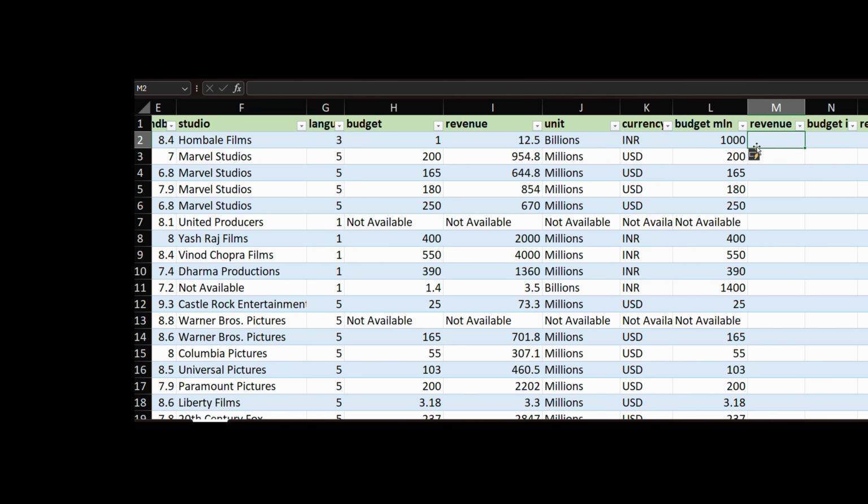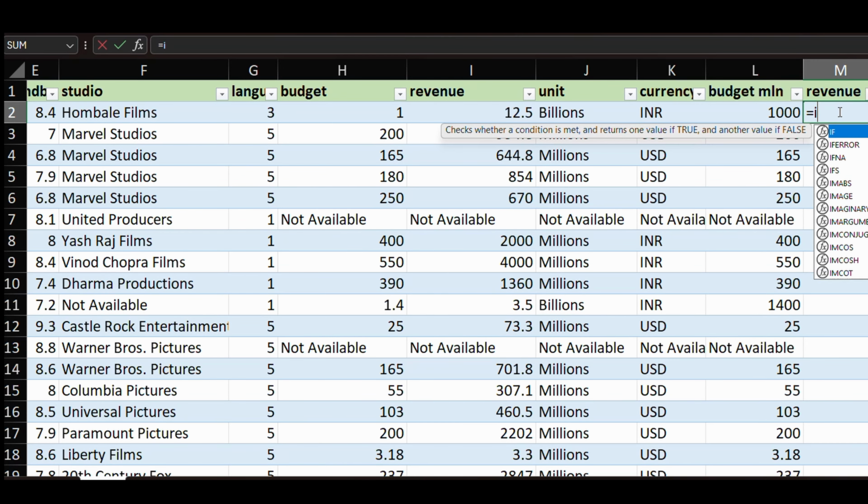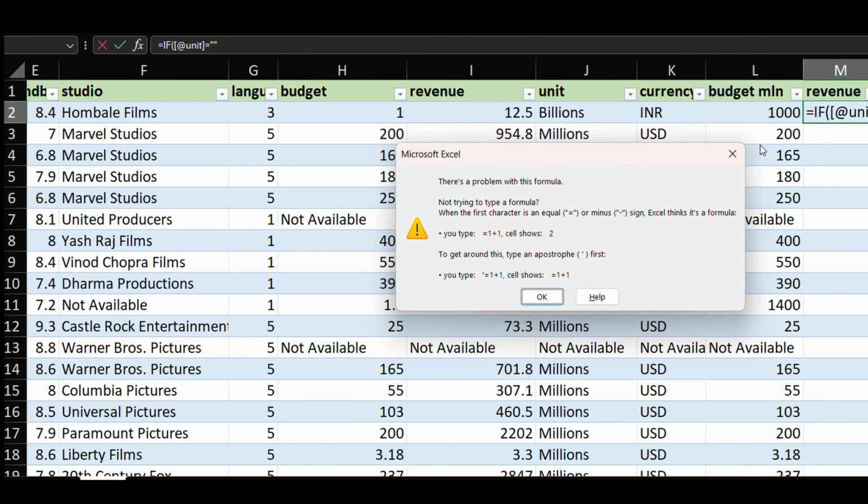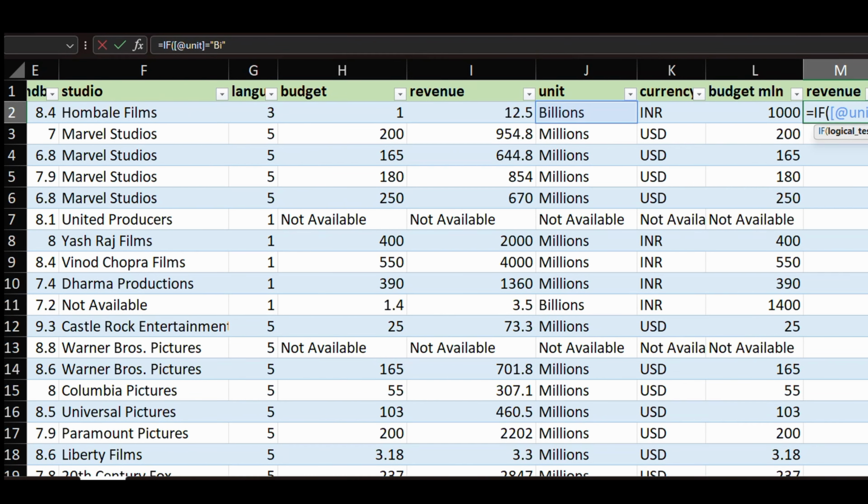Okay, got it. Now the same for revenue: if my unit equals billions, multiply revenue with 1000, otherwise write the revenue.